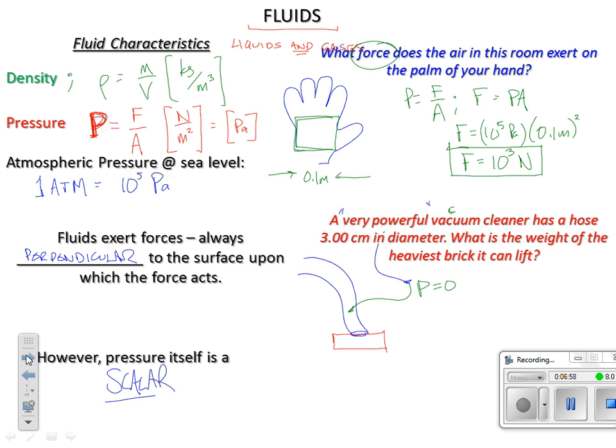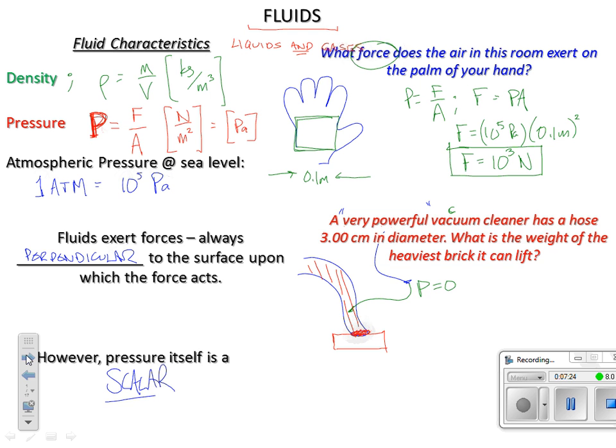And so here's the deal. It's easy to think of vacuums as pulling dirt into them, right? Or in this case, pulling the brick upward. Well, really what we do is just get rid of the fluid, the air, in that area. Really, in this area here.